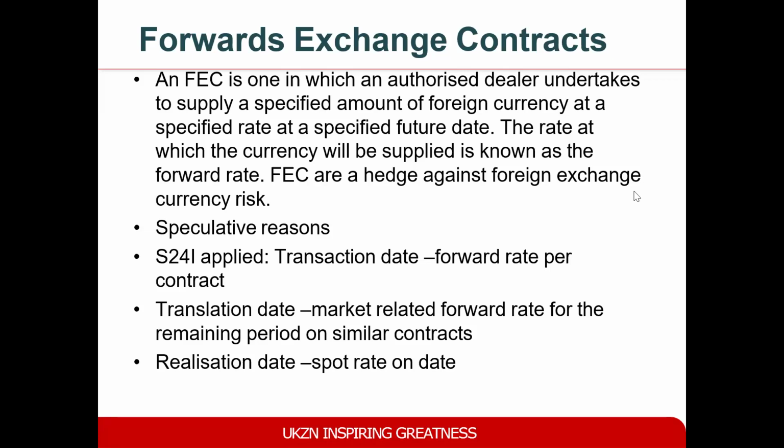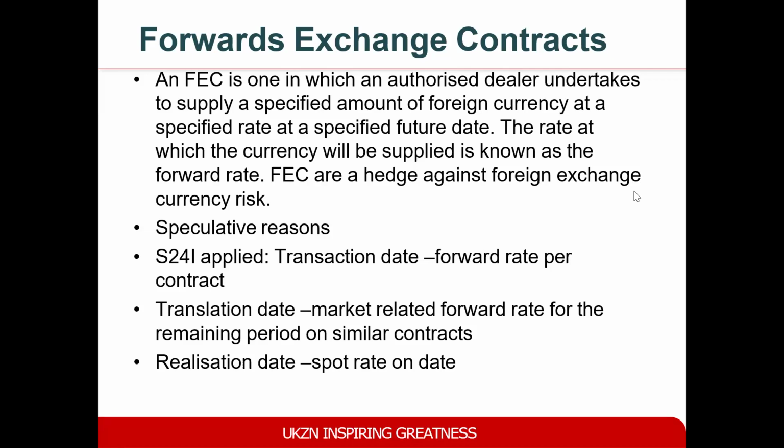Say, for example, you are going to the bank, and you say, look, I'm entering into this transaction and I'm so uncomfortable with the things that are happening in this country. I might pay much. Please, let's agree that irrespective of what happens, I'm going to buy the dollar at this much at that date. It's a separate contract. You can do that. You will have the translation date, where you use the market-related forward rate for the remaining period on a similar contract.